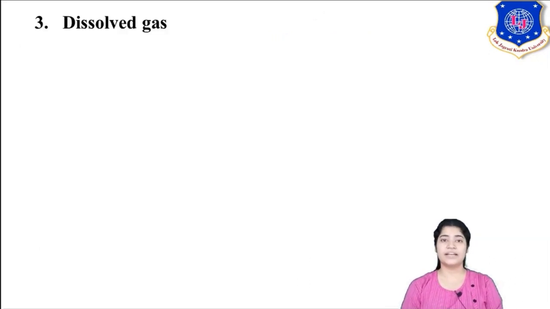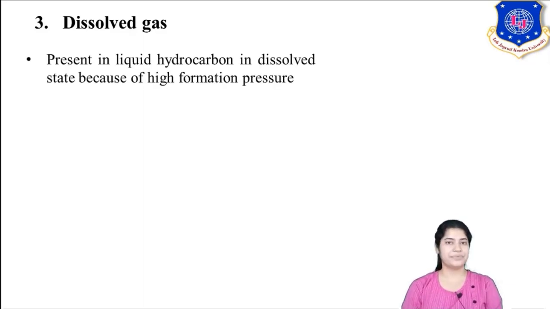The third category of gas is dissolved gas. Okay, from the name you can say it is dissolved. It is present in liquid hydrocarbon in a dissolved state because of high formation pressure. See, beneath the earth's crust, the temperature and pressure are very high. Because of high pressure, it is possible that these light hydrocarbons are dissolved in the crude.